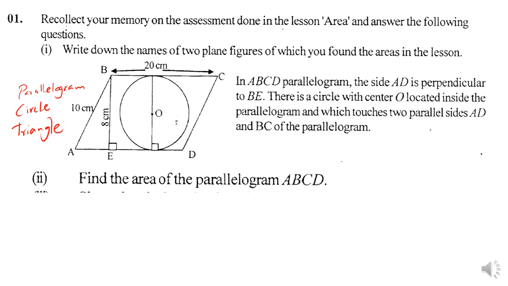You just have to write two names of these, and then find the area of the parallelogram ABCD. When you have to find the area of a parallelogram, area is equal to base into height.